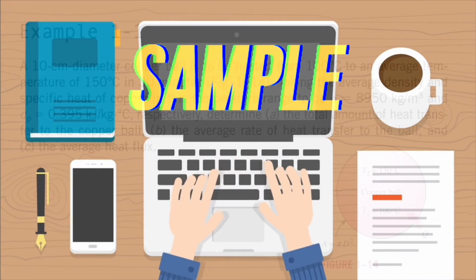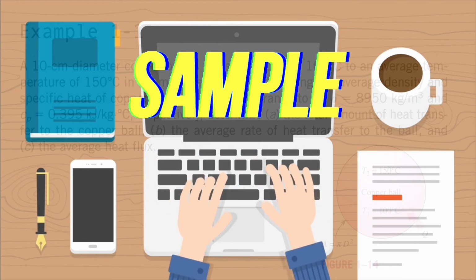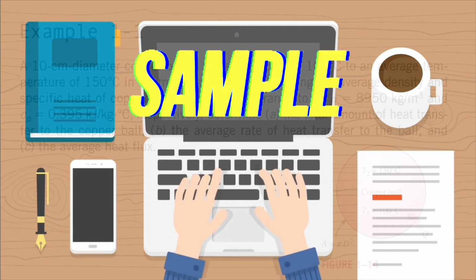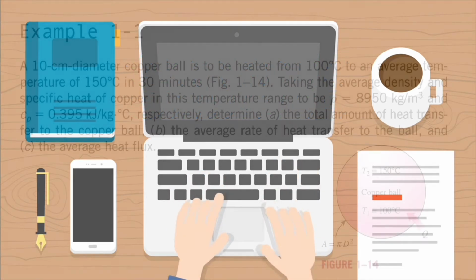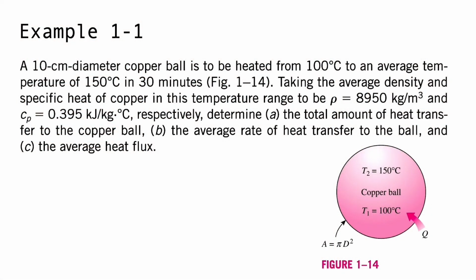To further understand the concept of a closed system, let us discuss example 1.1. In this example, a 10 centimeter copper ball will be heated from 100 degrees Celsius to an average temperature of 150 degrees Celsius in 30 minutes.